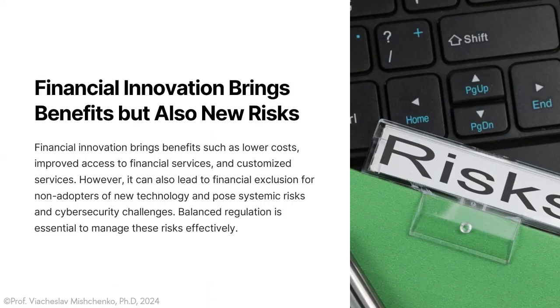However, I want to emphasize that there's another side of this story. One significant risk is what we call financial exclusion. As services become increasingly digitized, we risk leaving behind those who can't or won't adopt new technologies, often elderly or less tech-savvy populations. This is a serious concern from the social perspective. We also need to consider systemic risk, because as financial systems become more interconnected through technology, problems in one area can quickly spread to others.